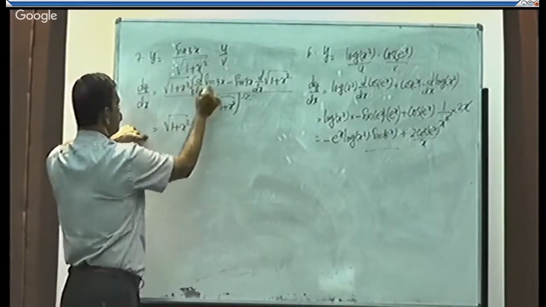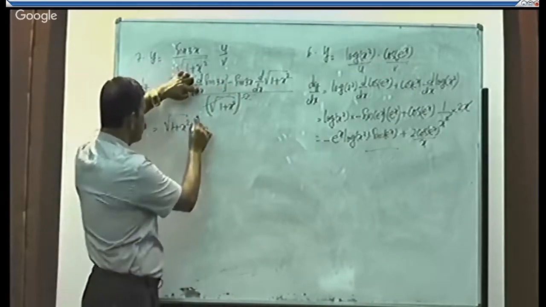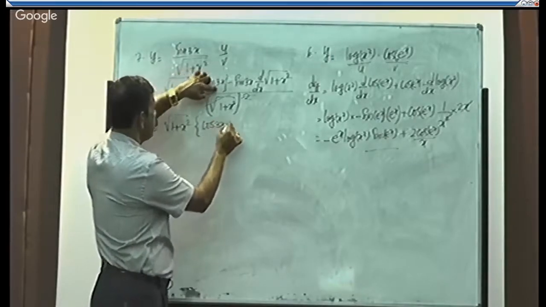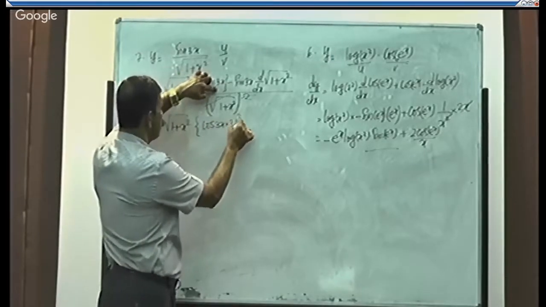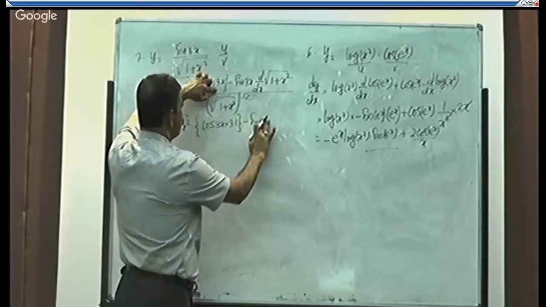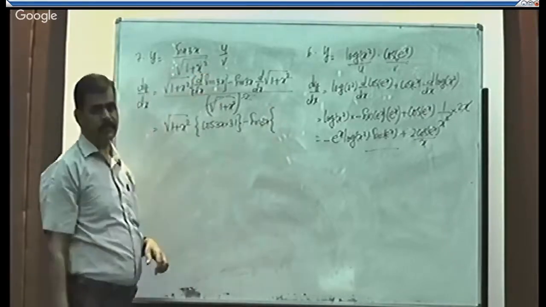Then keep root of 1 plus x square as it is. Differentiate this. Differentiation of sine function is what? It is cos function into differentiation of function, which is 3, into 1, minus sin 3x into differentiation of root function.